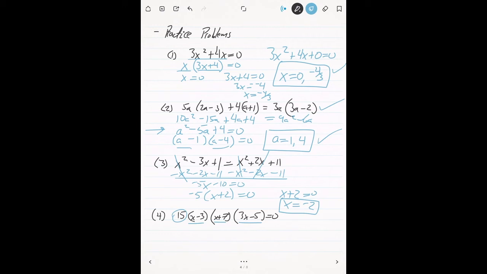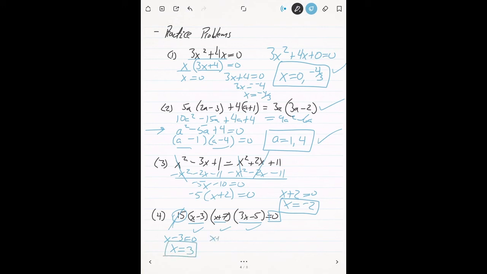What is the only way that these will all equal 0? Well, that's if one of these 3 terms is a 0. Okay, 15's already set at 15, so we don't really care about that. So I want to know, when is x minus 3 0? Well, that's when x is equal to 3.